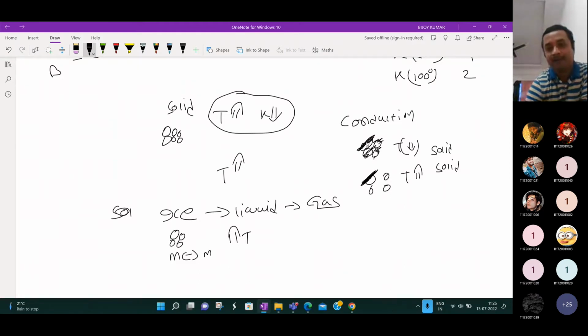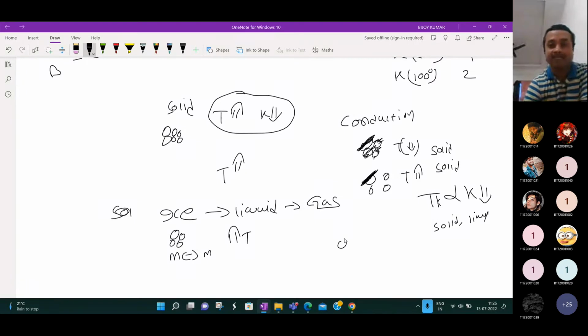In which case will vibration transfer more rapidly? In the low temperature region, because the molecules are tightly packed. Here the molecules have some distance, so even if this molecule is vibrating, the next molecule will feel less vibration. That's why temperature is inversely proportional to K for solids and liquids.